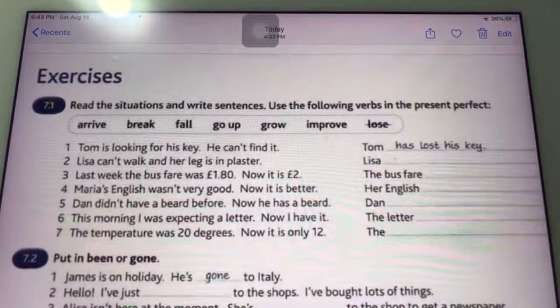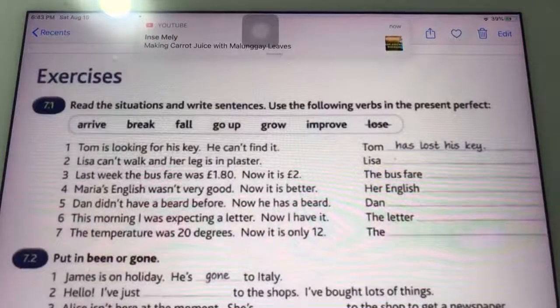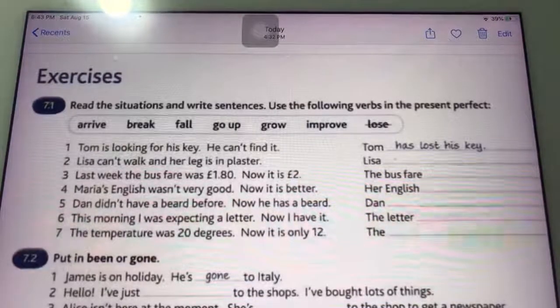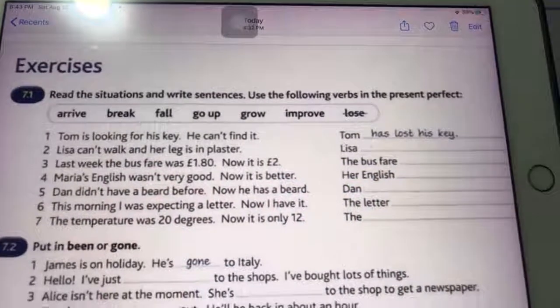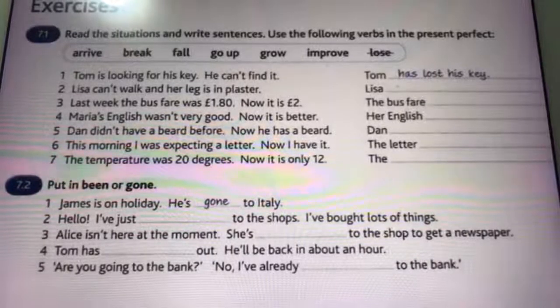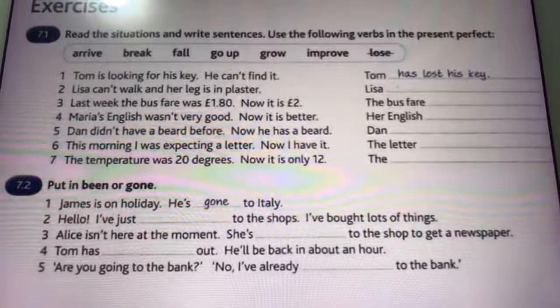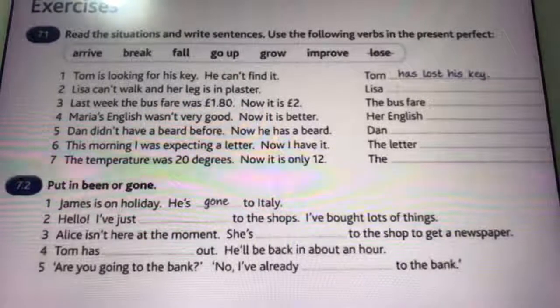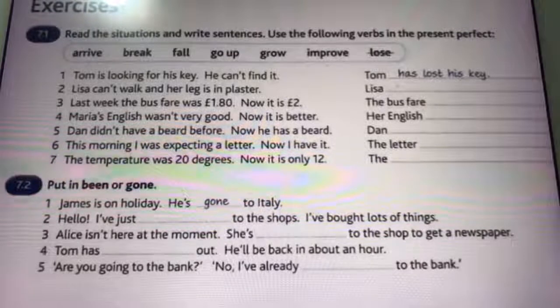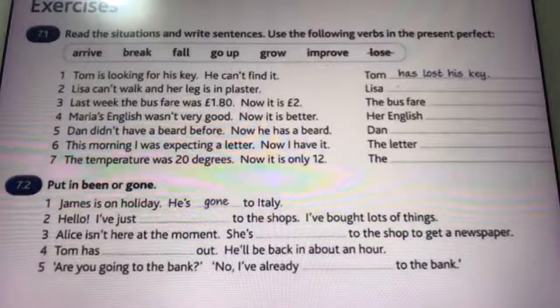Lisa, yes, can't walk. Break, okay, what is the kakubunshi of break? Break, broke.